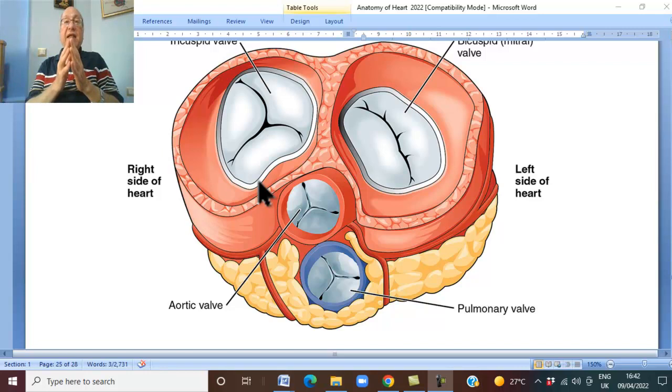This fibrous ring gives the attachment to the cusps of the atrioventricular valve, which here is the tricuspid valve.